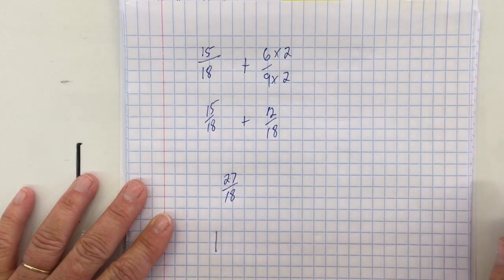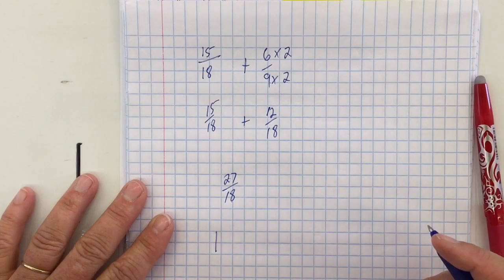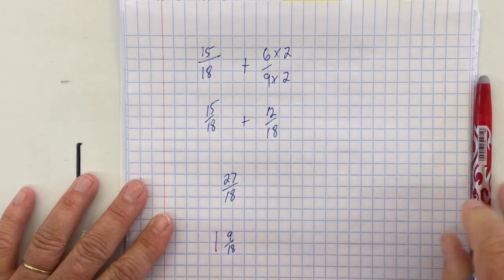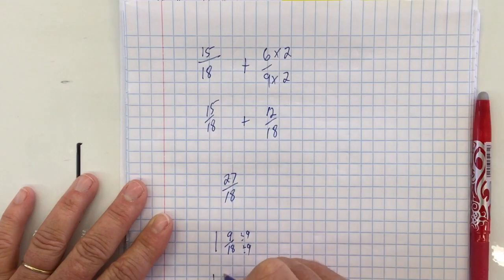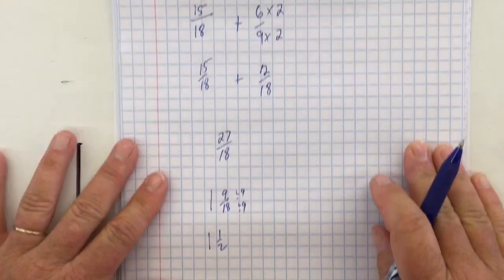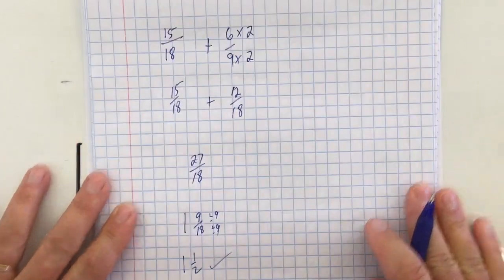What is my remainder? 9? 9 over 18, and hopefully you realize that it actually is a half, that you don't even need to do that, that you would go straight there. Now you'll get full marks for the question.